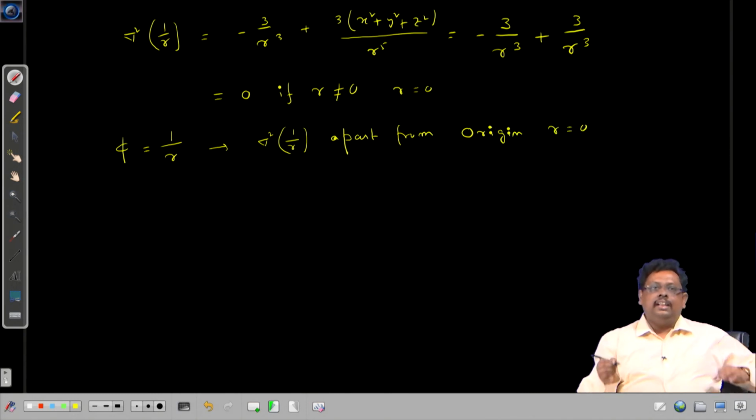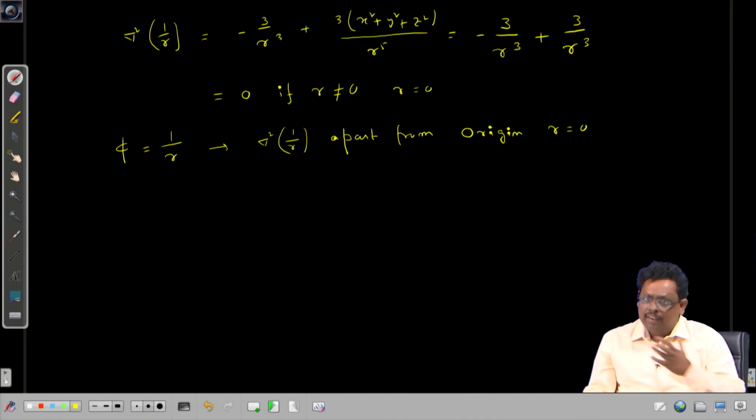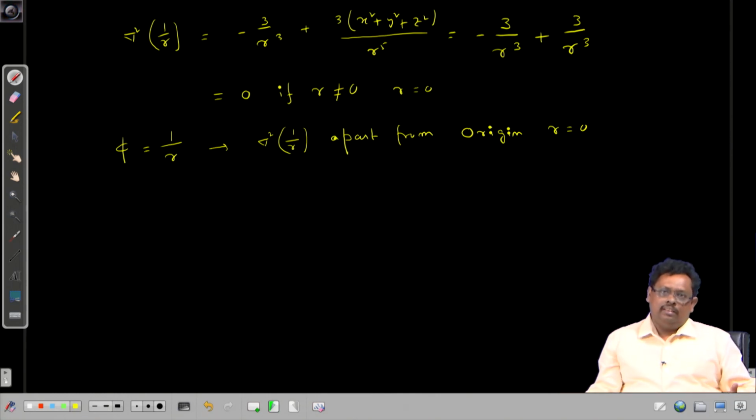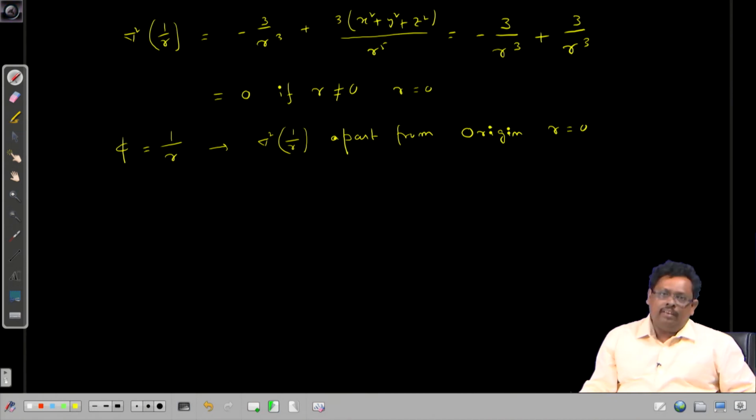So, we can say that this is basically a Laplacian everywhere apart from the origin, and at that particular point it is a singular function. Okay. Now, this is a very powerful function for us. Why is it so powerful? Let us try to figure out.